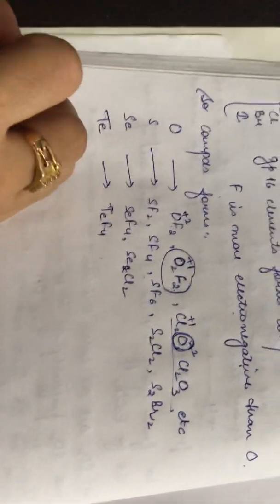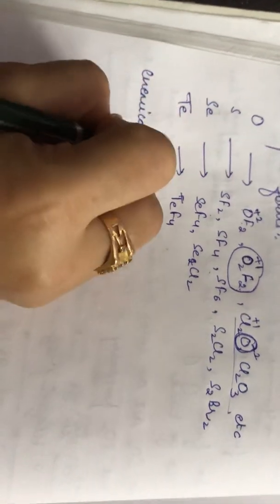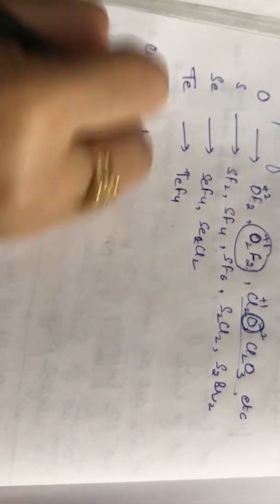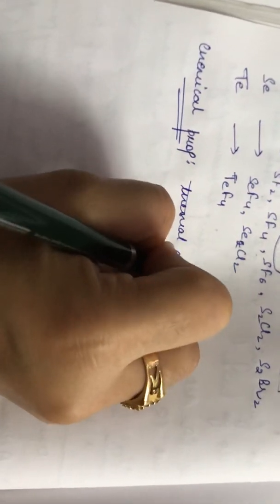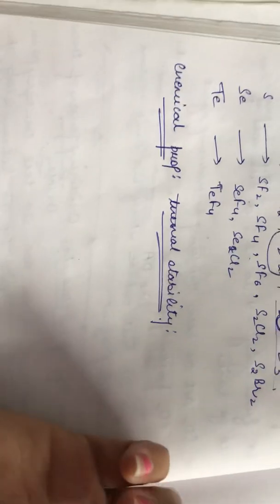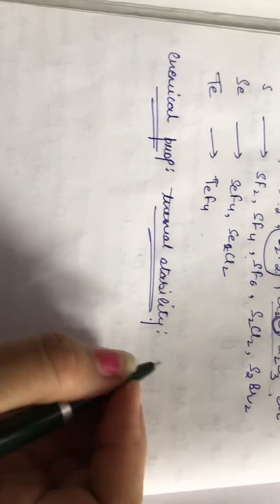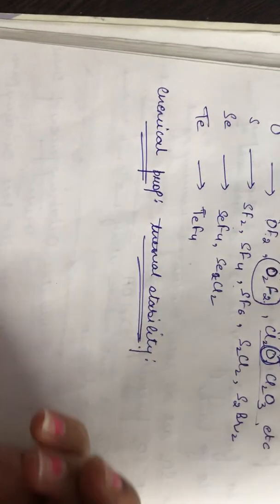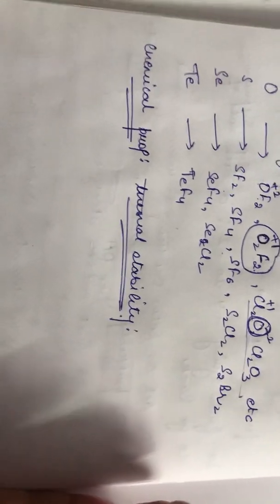Next we have the chemical property, that is thermal stability. So what do you mean by thermal stability? Thermal stability means the amount of heat required to break the bond between the two atoms.